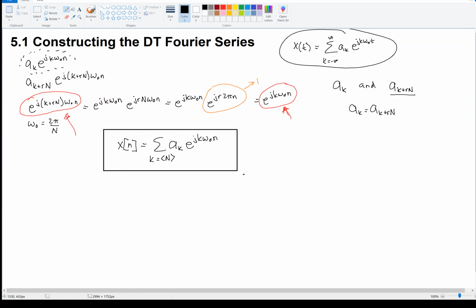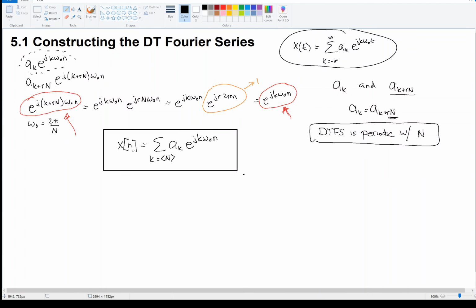If the harmonics are the same ingredient, then we have to have the same amount of those harmonics. And so what is this? Well, this tells us that a shift in k gives us back the original series. So that means that the discrete time Fourier series is necessarily periodic. It too is periodic, and with period N.